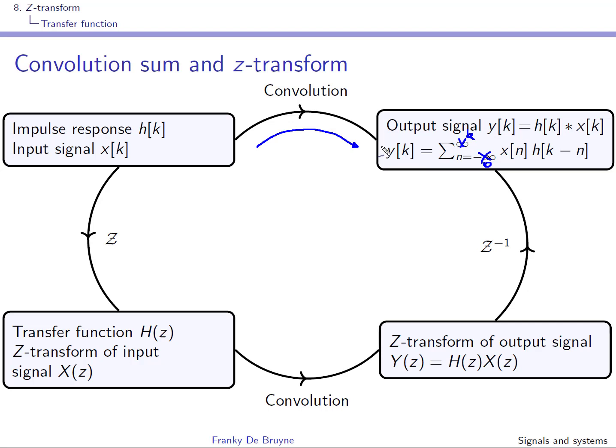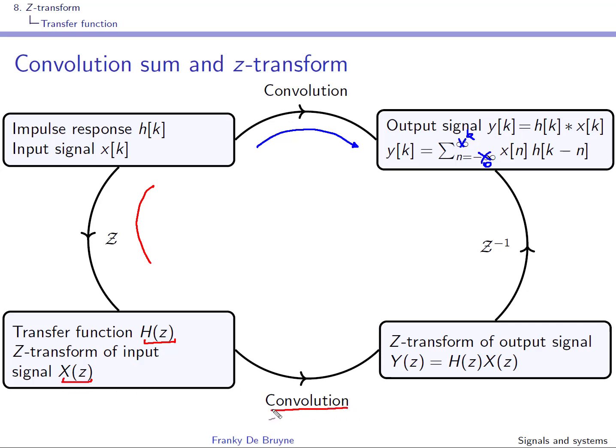It's not always the simplest approach, just as in the case of the Laplace domain. It is often simpler to compute the Z transform. So the idea is that you compute the Z transform and you obtain the transfer function and the Z transform of the input.